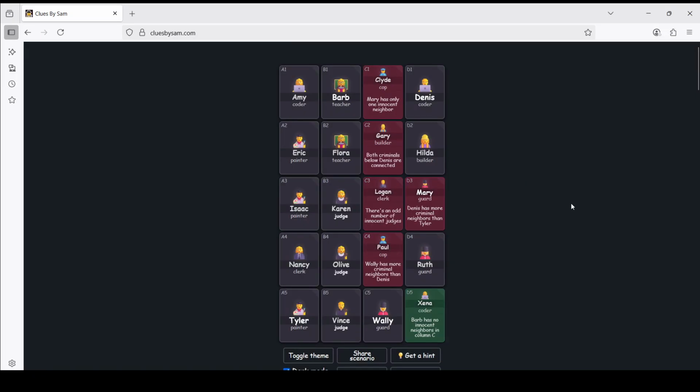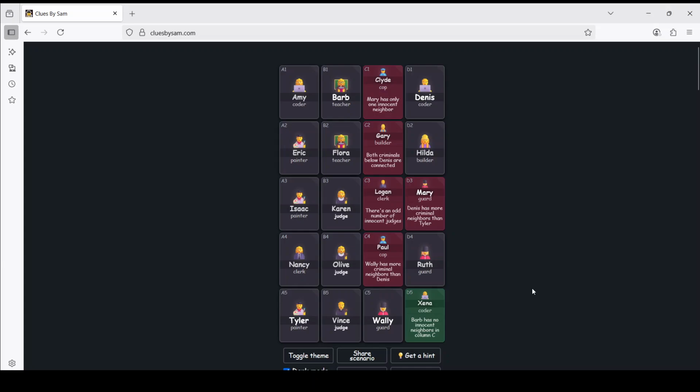So, Logan gives us the clue there's an odd number of innocent judges, while Paul the cop gives us the clue Wally has more criminal neighbors than Dennis. So, odd number of innocent judges. There are 3 judges on this particular lineup, and all of them are in column B: B3, B4, and B5, Karen, Olive, and Vince.